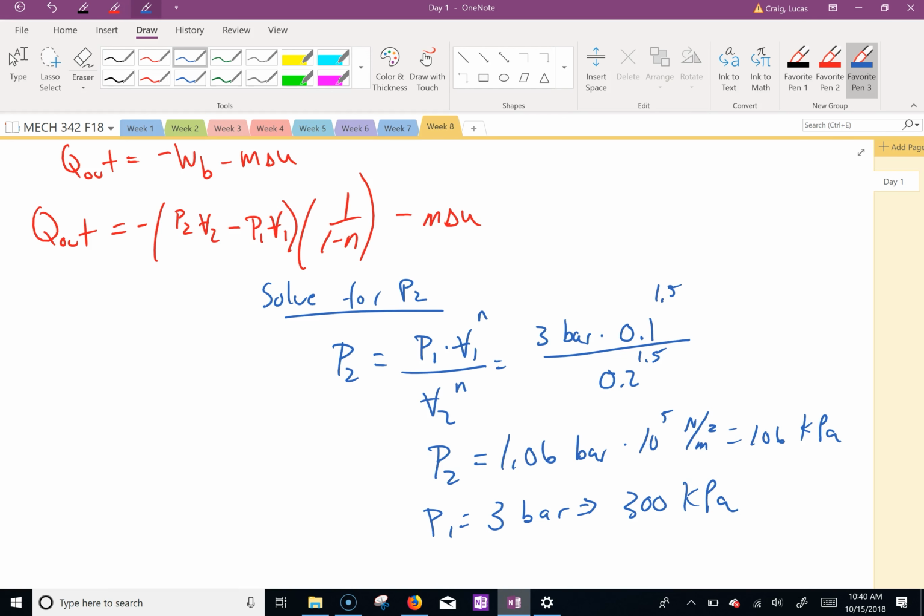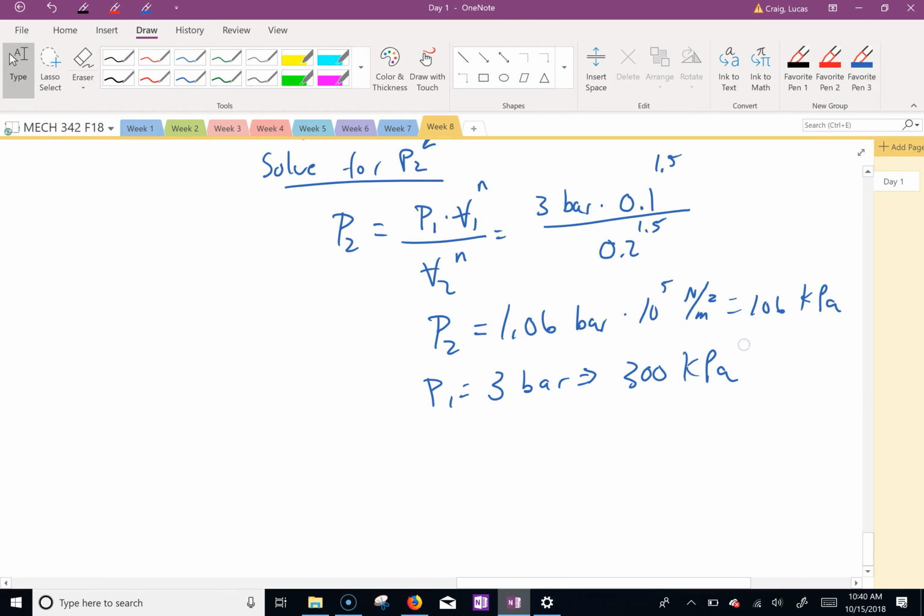So again, I could solve for P2, which is right here, because I know it's polytropic. And we know the n is not 0 or 1, it's something else. We have those equations in your cheat sheet, so you can solve for your new pressure. Now we can plug everything back in.